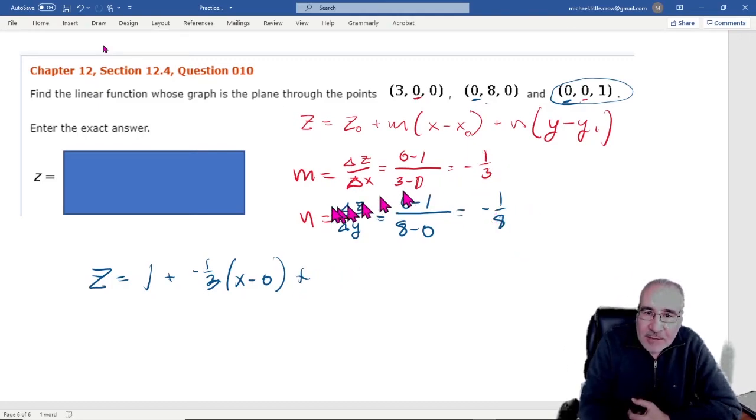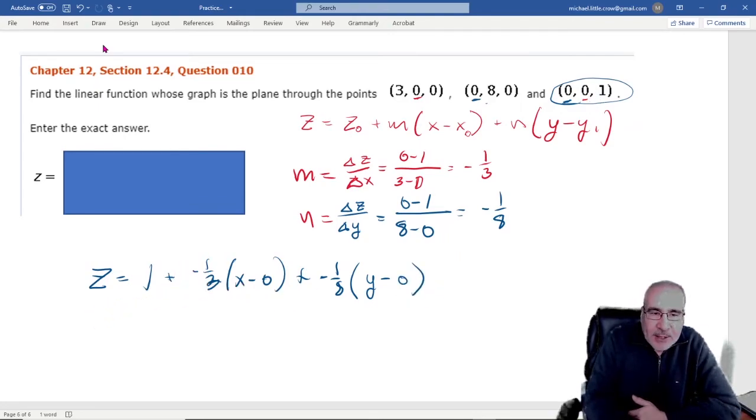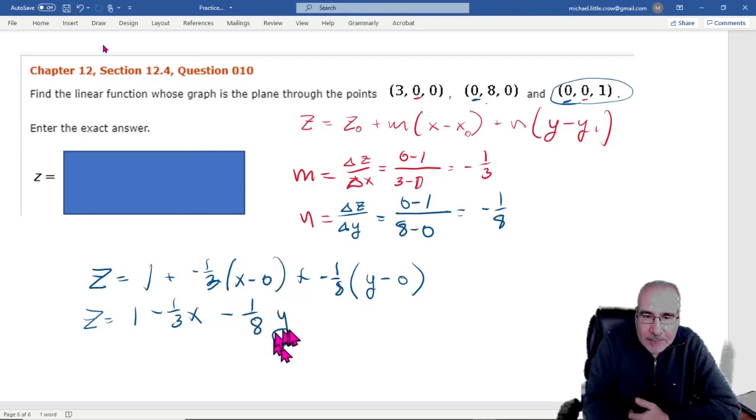Then I've got my slope of negative 1/8 times y minus y1, which is 0. So that's kind of cool. We get z equals 1 minus 1/3 x times 0 is 0, minus 1/8 y.